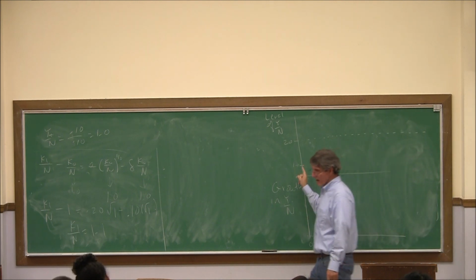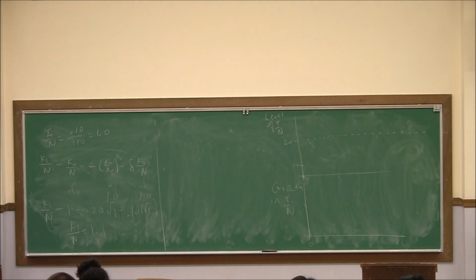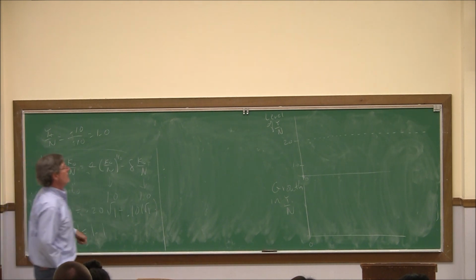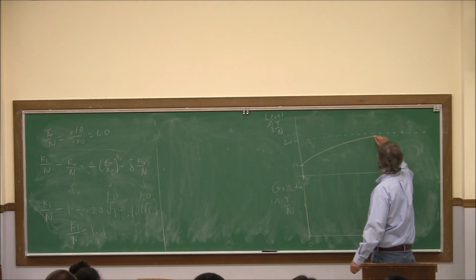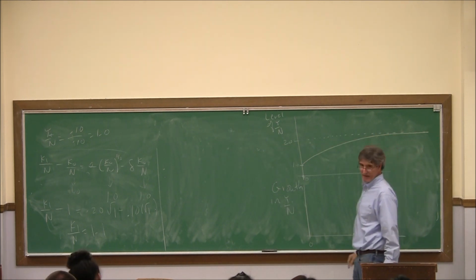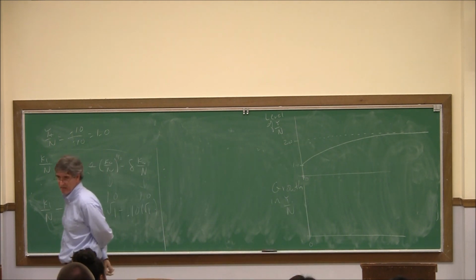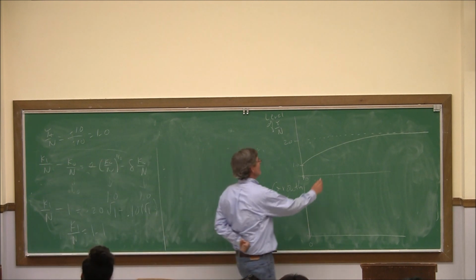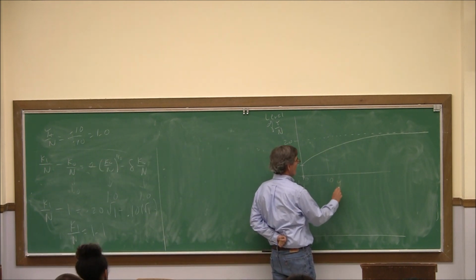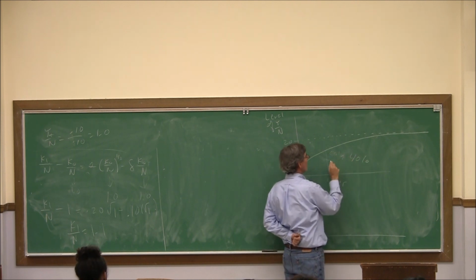Our standard of living started at 1.0. We increase the savings rate, and it starts climbing. It asymptotically hits the newer, higher standard of living. But if you go out here to the 10 years mark, it's only 40% of the way there.